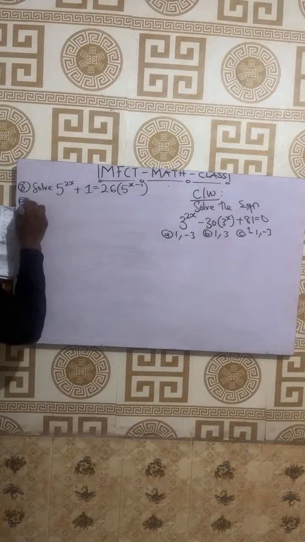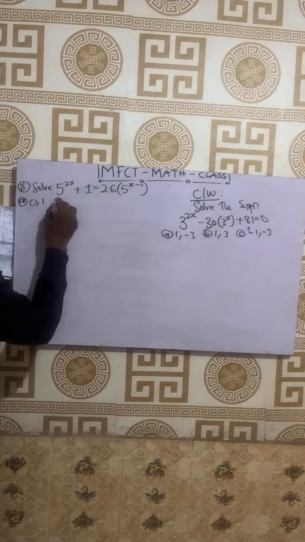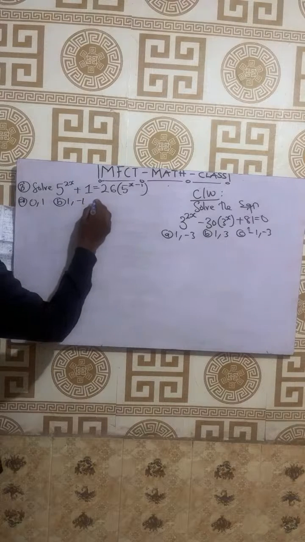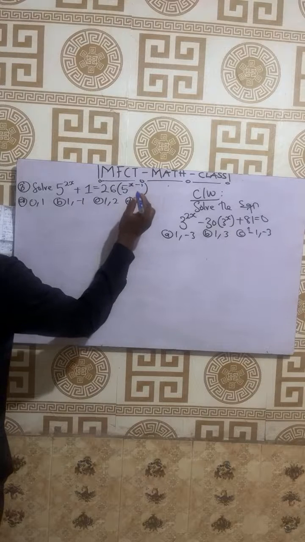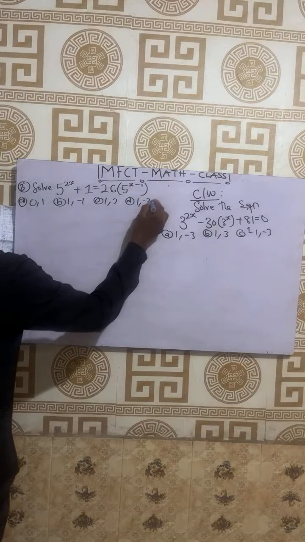Option A, 0, 1. Option B, 1, minus 1. Option C, 1, 2. Option D, 1, minus 2.